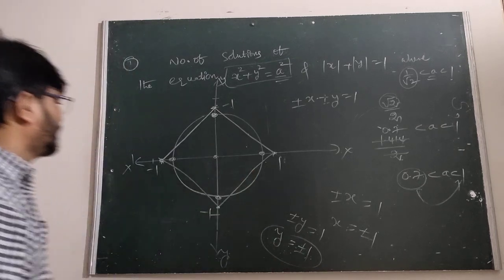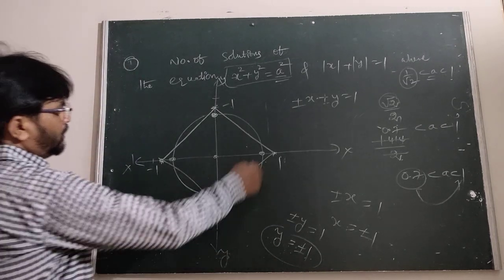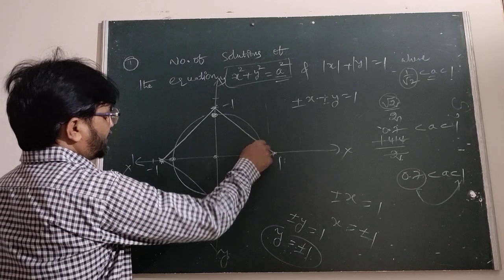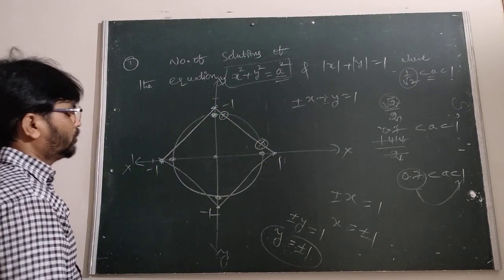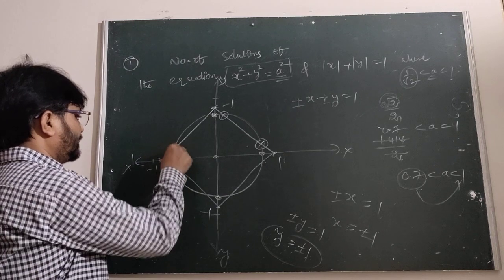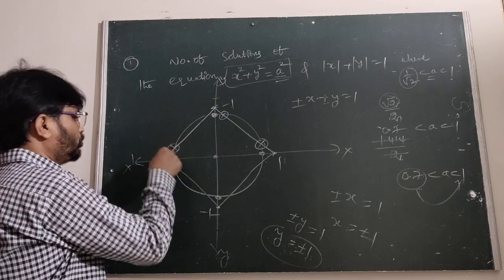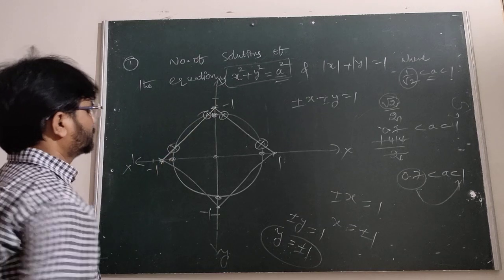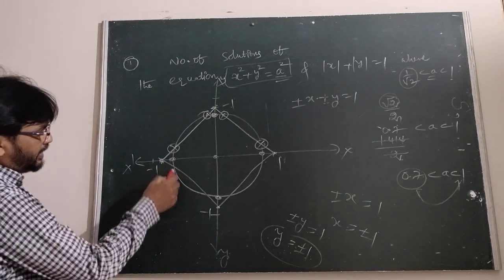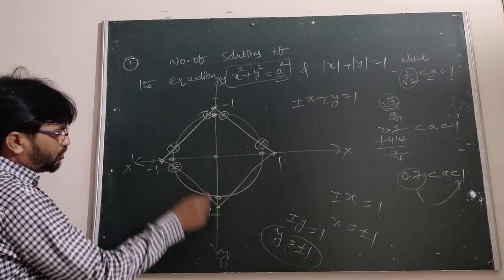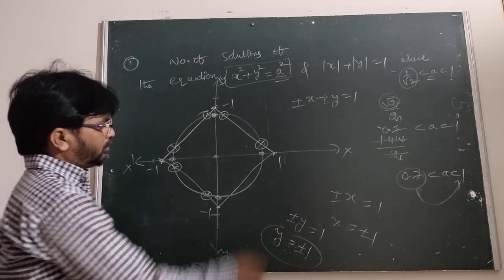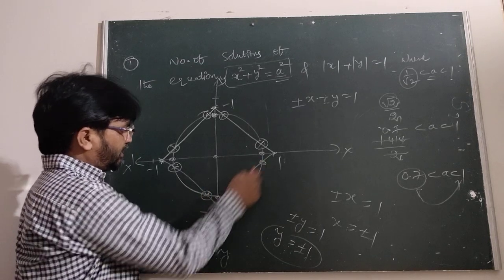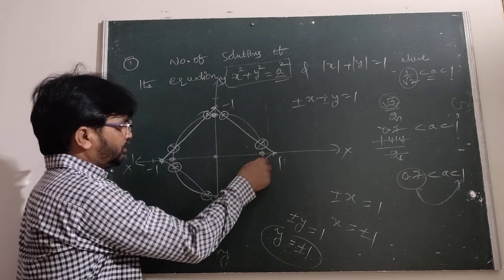So we can observe in the diagram that in the first quadrant the line and the circle intersect in 2 points. Also in the second quadrant the line and the circle intersect in 2 points, and in the third quadrant also 2 points.